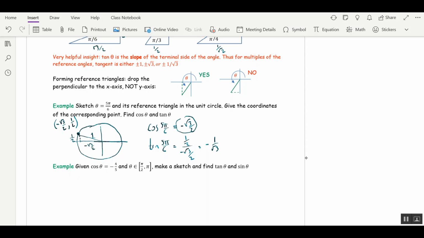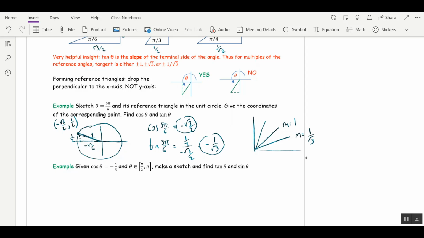The short way for tangent is to think of tangent as the slope of the terminal side of the angle. That would mean the slope of this line right here. Now the slopes, let me just do this in quadrant 1. The slopes are going to be, for pi over 6, the slopes are gradual, 1 over root 3. For pi over 4, the slope is 1 to 1, so m is 1.